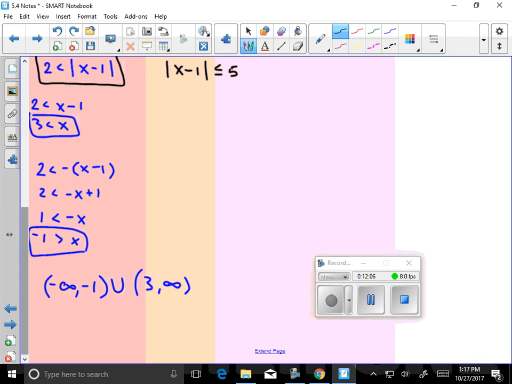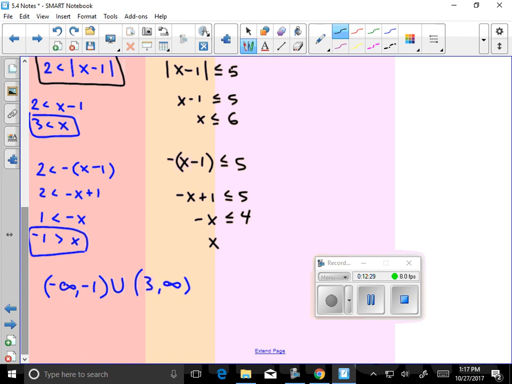You can make a hypothesis on it, but I'm going to go ahead and do it right here. So I'd say that x minus 1 is less than or equal to 5, and negative x minus 1 is less than or equal to 5. So I solve, I get x is less than or equal to 6, and negative x plus 1 is less than or equal to 5, so negative x is less than or equal to 4.